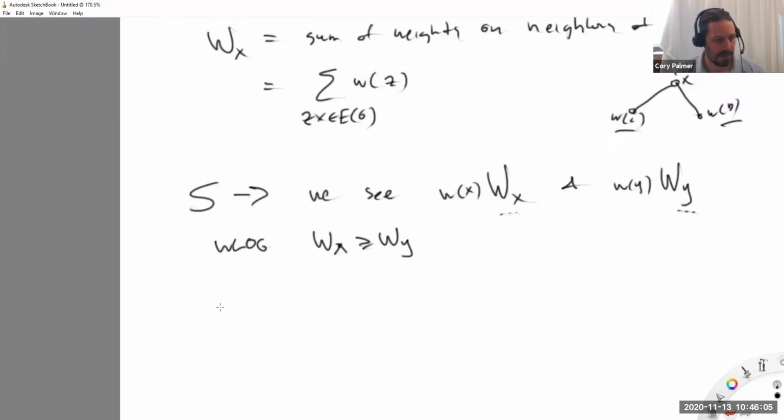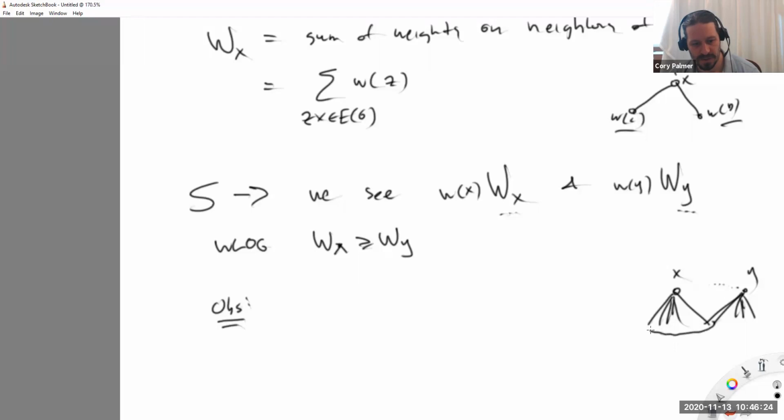Okay. Now, make the following observation. So here's x, and here's y. And x has these neighbors down here, y has these neighbors down here. They might even share vertices with each other, but crucially, there's no edge here. Okay. Now, the weight on these things here is at least as large as the weight on these guys here, right? This is big Wx and this is big Wy.